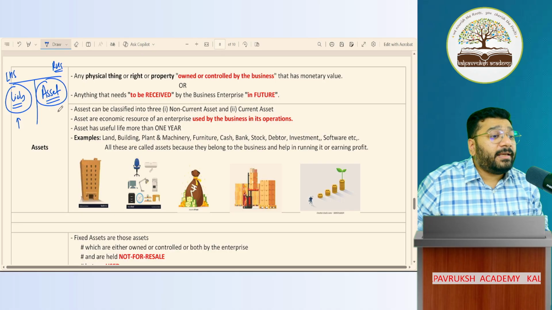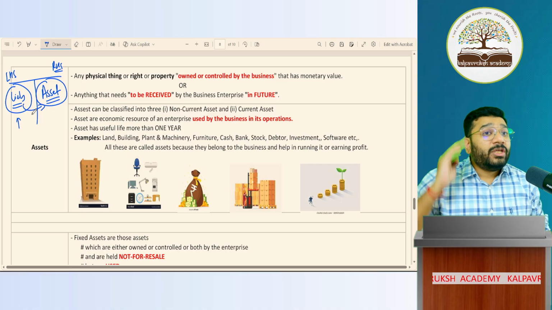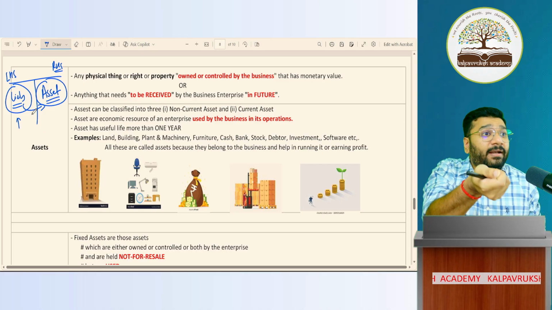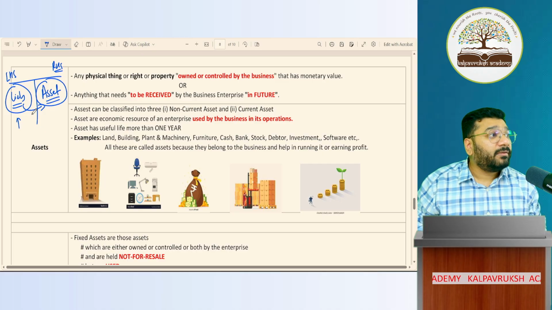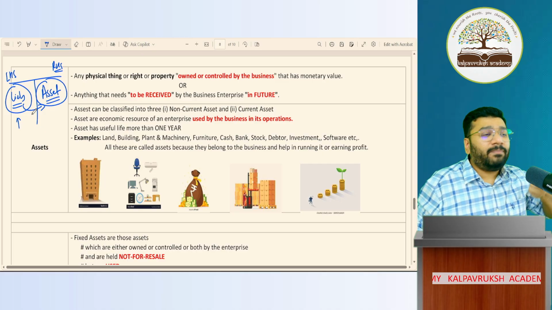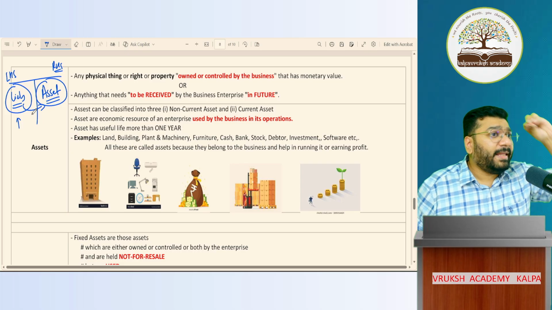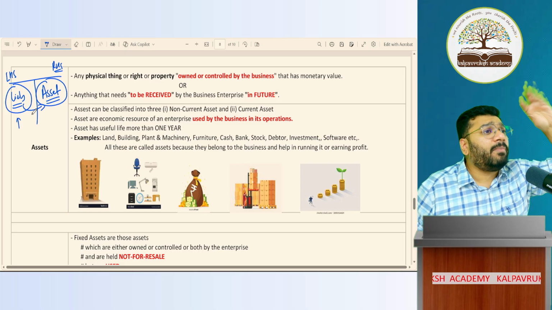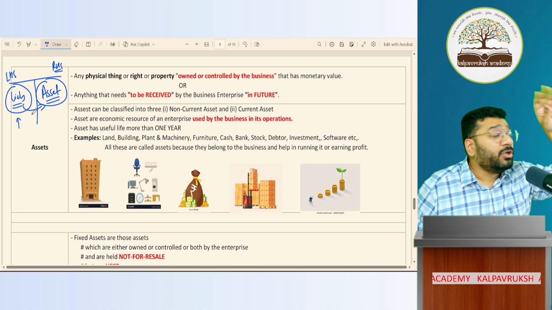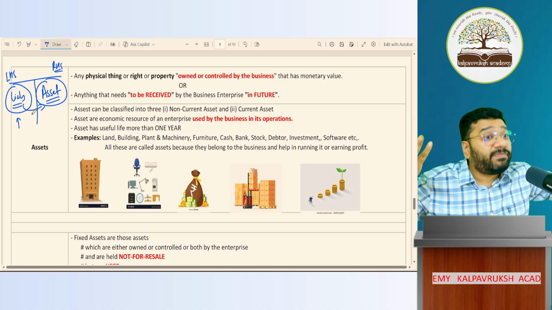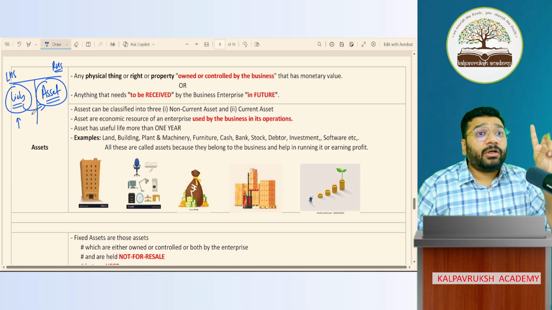Now the exact opposite of liability is asset. If liability is the amount to be paid to somebody, what is asset? Amount to be received from someone. Got it? Throughout the entire journey of 11th and 12th, we'll often come across the terminology called asset. So it is very important for us to understand what asset is. There are two meanings of asset.